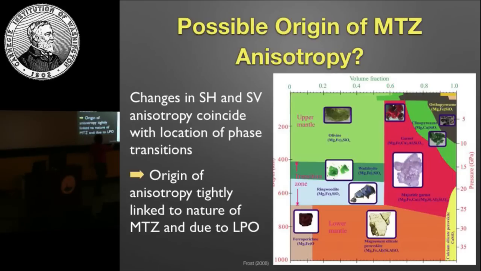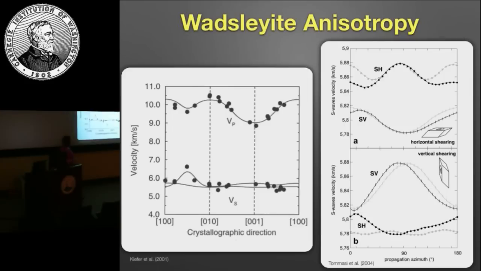Now, in the transition zone, we know that olivine becomes Wadsleyite at around 410 kilometers depth. Then it transforms into Ringwoodite, and then we have another phase transition at 670 kilometers depth. Now, Wadsleyite is known to be anisotropic.